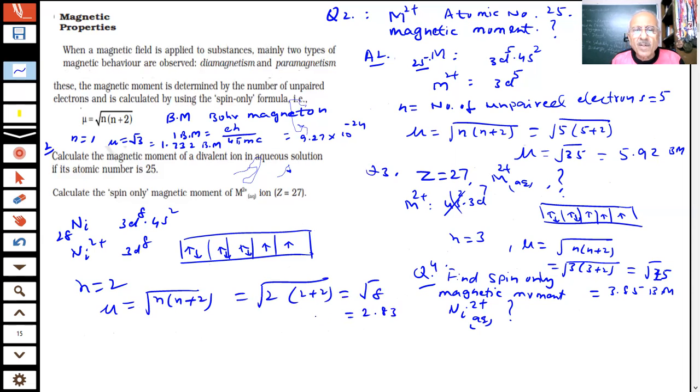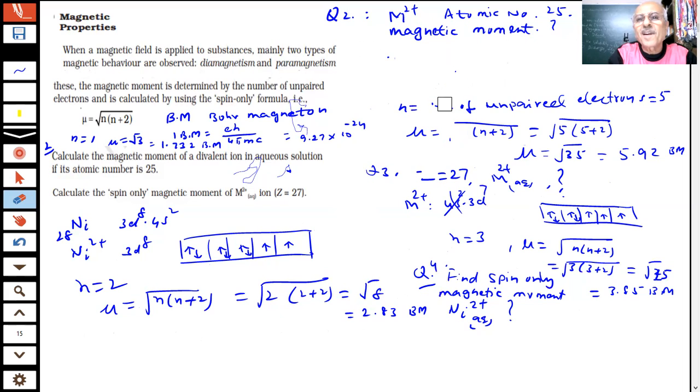So now one more trend is coming for us. What is it? If we find the magnetic moment values, some trend is visible to us. In the exam we can get some information from it, because sometimes objective type questions of 4 marks are given.